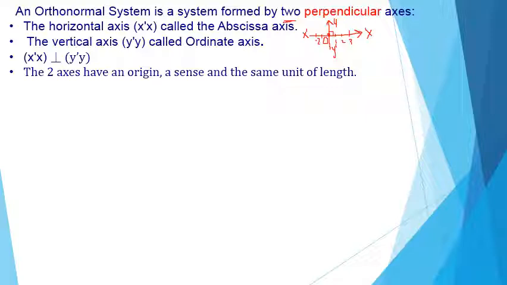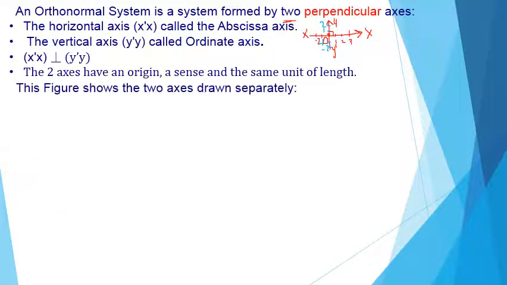Similarly, with respect to y, everything above O towards y, the positive sense, is 1, 2, 3, 4, and in the opposite direction, everything below the origin O is labeled -1, -2, -3, and so on.